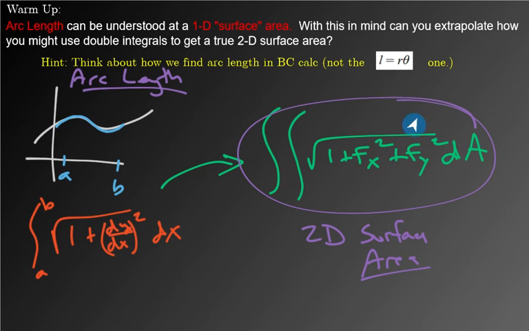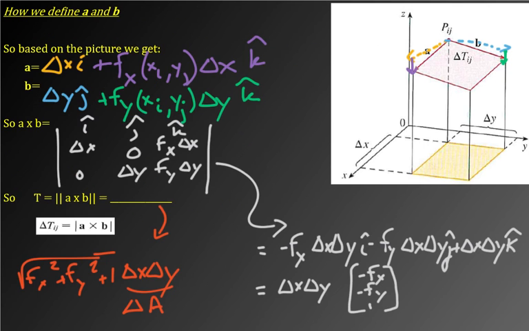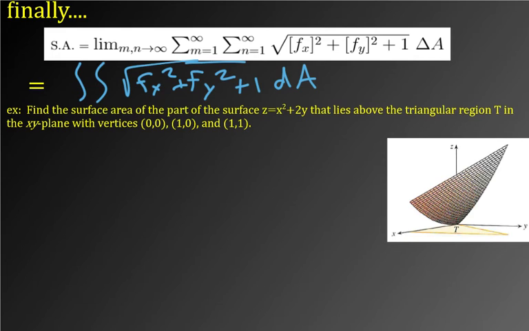And this really does represent the surface area, just like arc length, it's just like a 1D version of surface area. So I just want to do one example where we do this thing now.